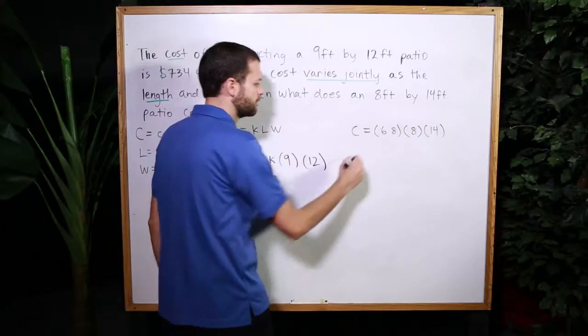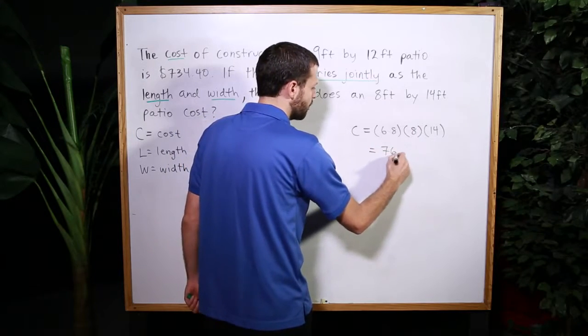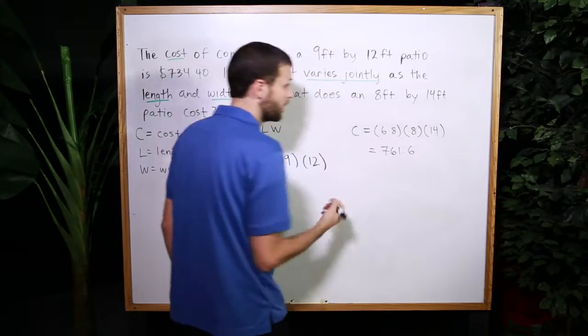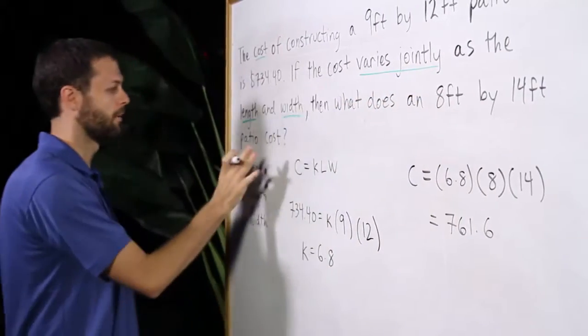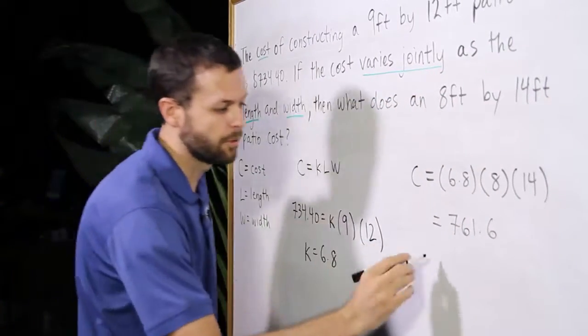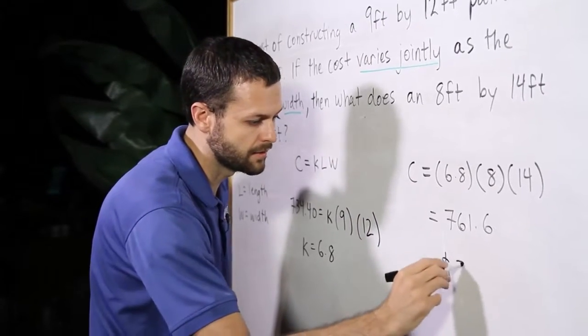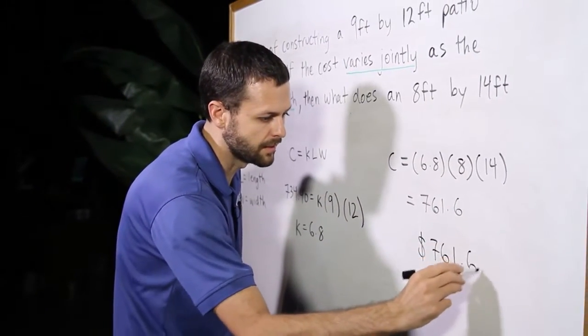Multiplying these out gives me 761.6. Or in other words, the cost of an 8-foot by 14-foot patio to construct would be about $761.60.